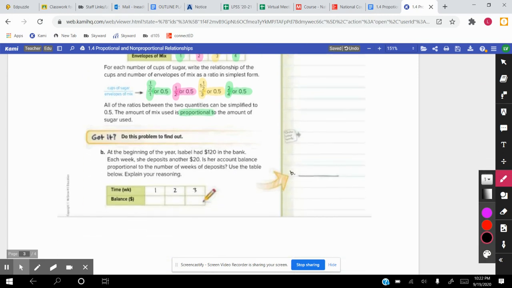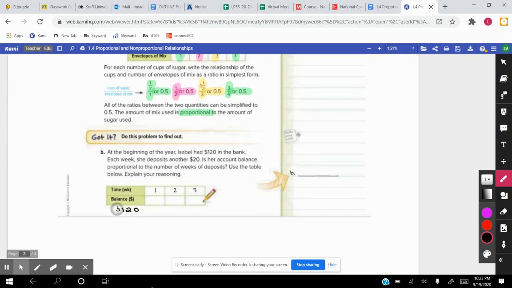Got it? Let's do this problem to find out. Letter B. At the beginning of the year, Isabel had $120 in the bank. Each week, she deposits another $20. Is her account balance proportional to the number of weeks of deposits? We're going to use the table below to explain our reasoning. So she had $120. Each week, she deposits another $20.